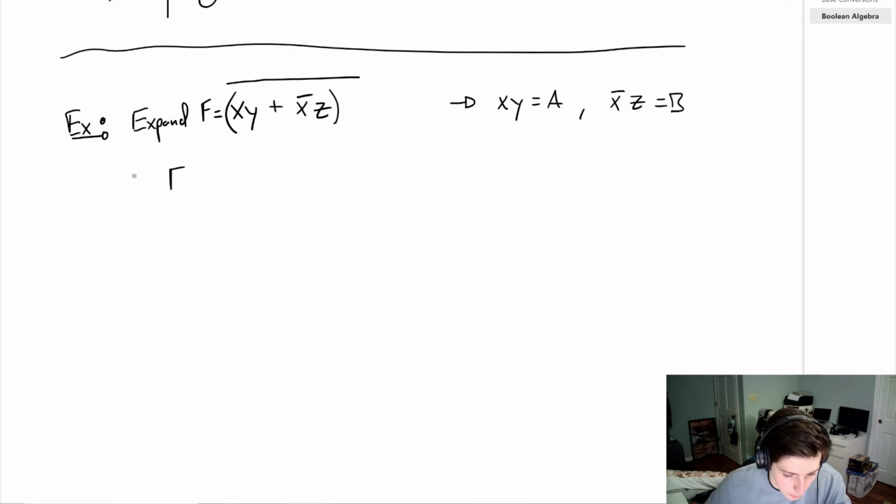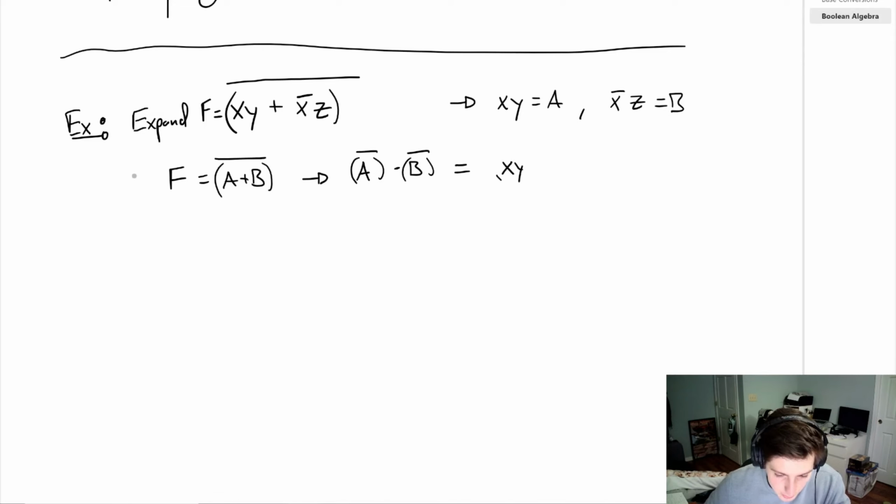So we can simply write that function equal to the inverse of A plus B, and we can use the De Morgan property such that this is equal to A inverse times B inverse, which is equal to (xy) inverse times (x bar z) inverse.